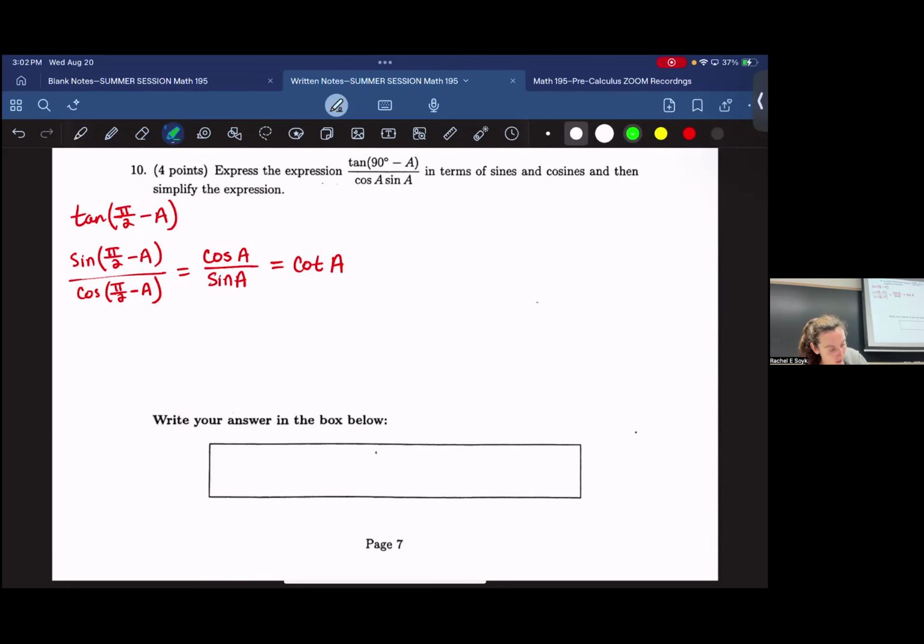So we can really replace that tan of 90 minus a with our cotangent of a, or just cosine a over sine a.